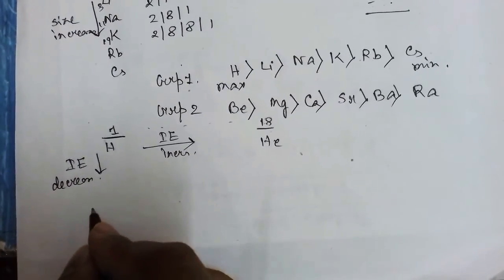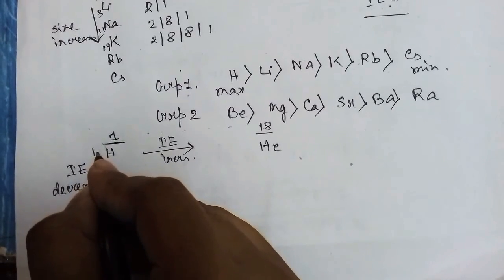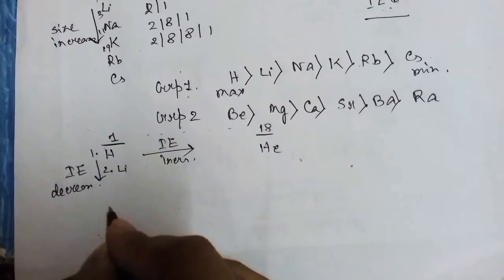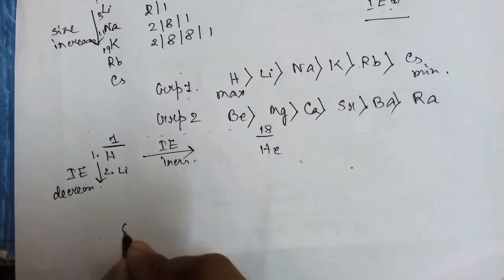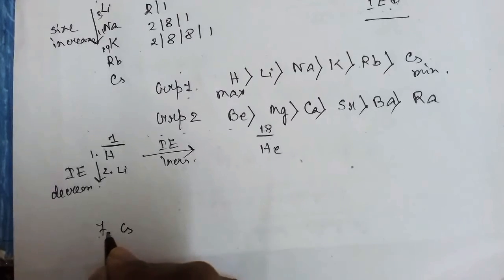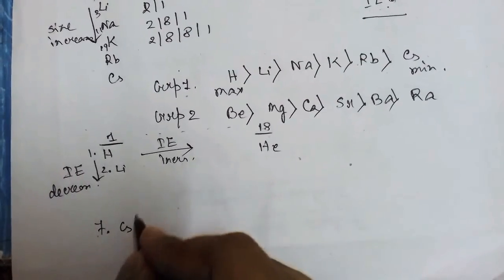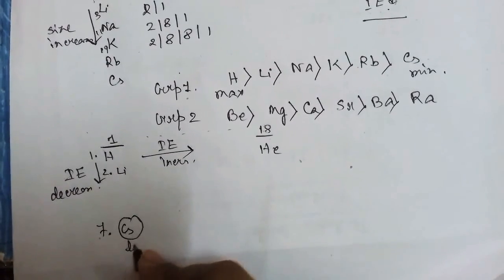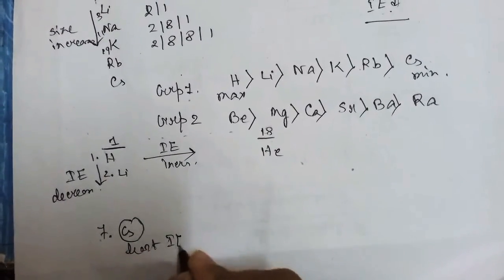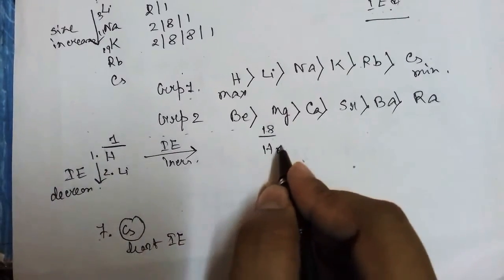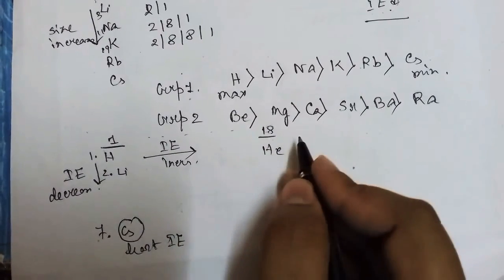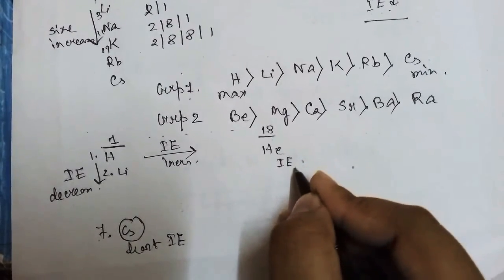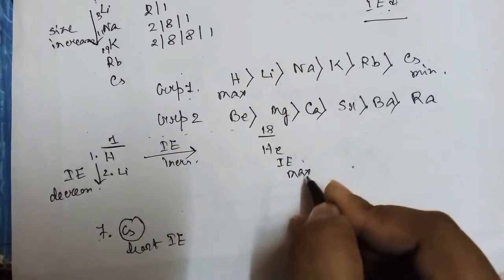So at the 7th period, cesium will have the least ionization energy, whereas along the period, helium being the rightmost element has the maximum ionization energy in the whole periodic table.